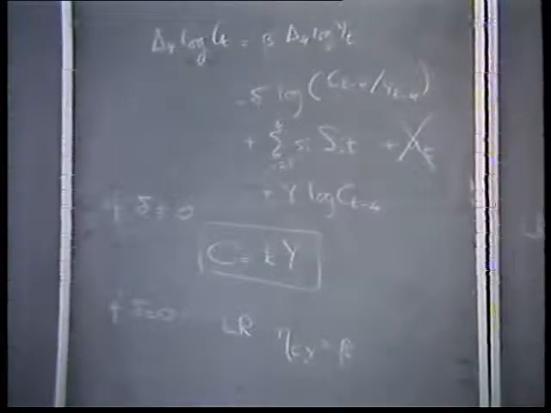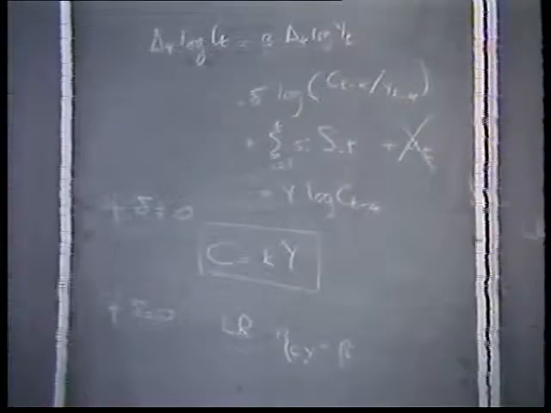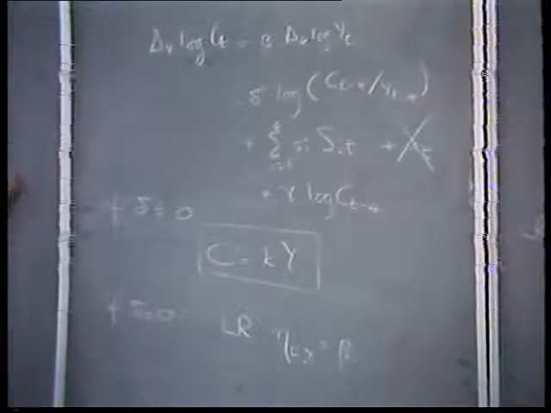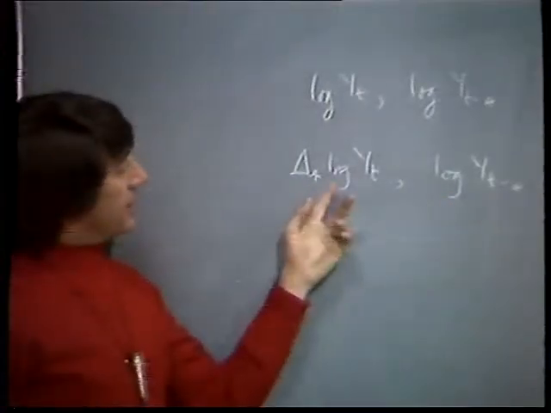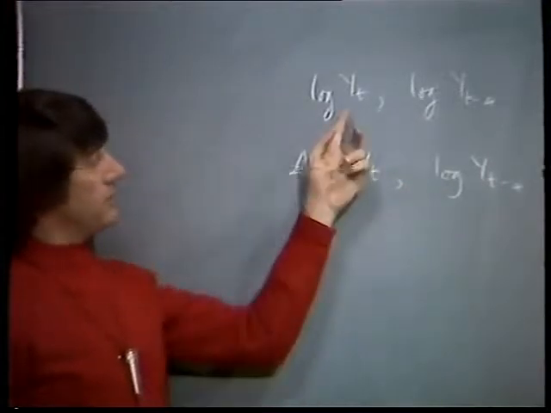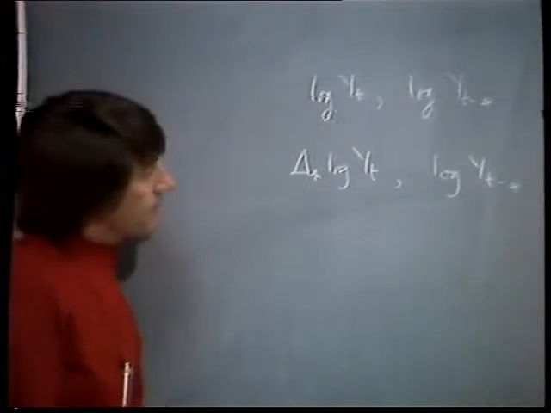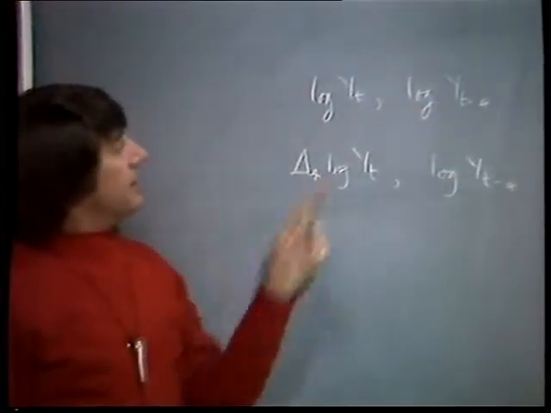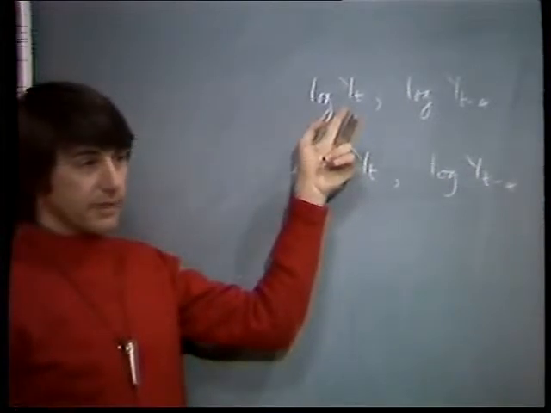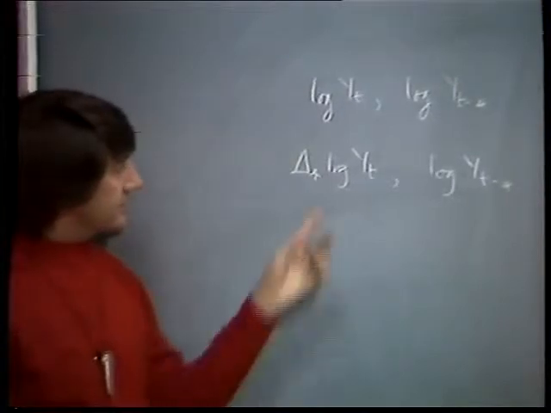Alternatively, we could have delta 4 log Yt and the log of Yt minus 4, or the log of Yt. To include these two variables is equivalent to including those two variables in the model. However, these two are likely to be collinear, and therefore will determine the coefficients imprecisely.